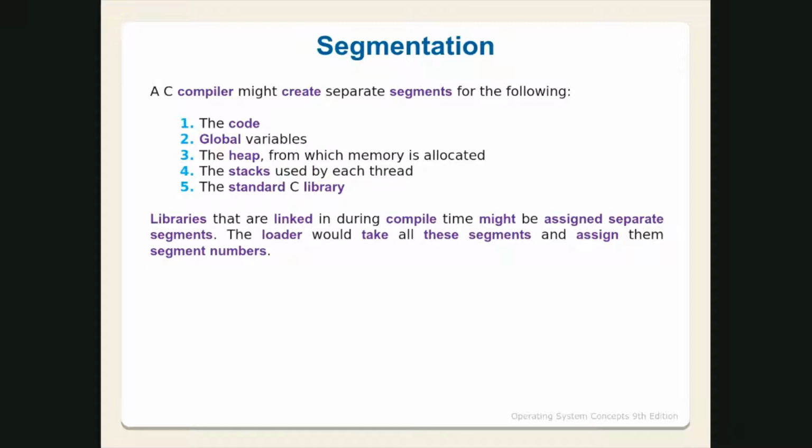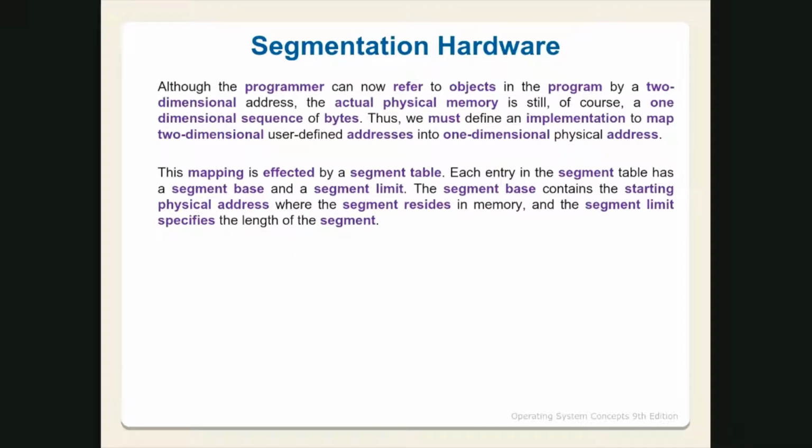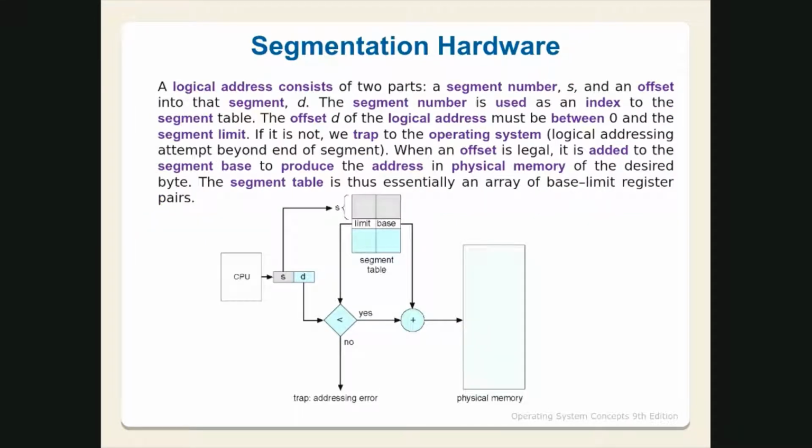The compiler will create a segment for each of these things listed above: for the program, for the library, for the stack, for the global variables, for heaps, everything. Then the loader is the one that gives a number to each segment.